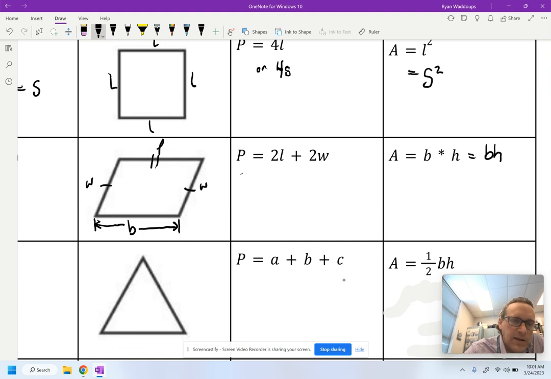And the height is perpendicular to the base. So you need to know this distance here, and that would be the height. It's not the W, it's the height, the H. So it's the perpendicular distance between the bases, and it would be perpendicular to both of them.